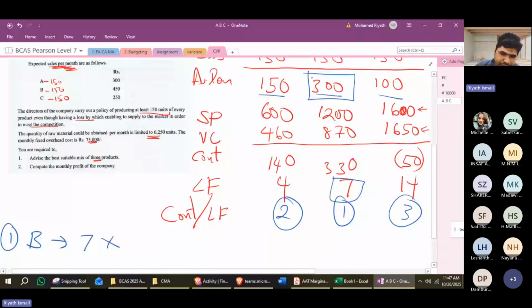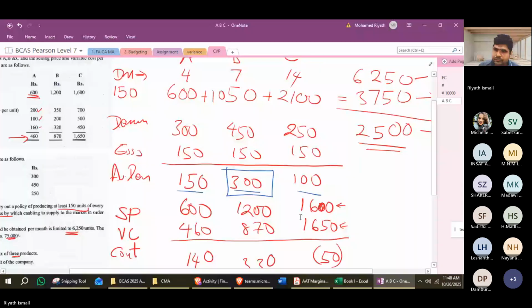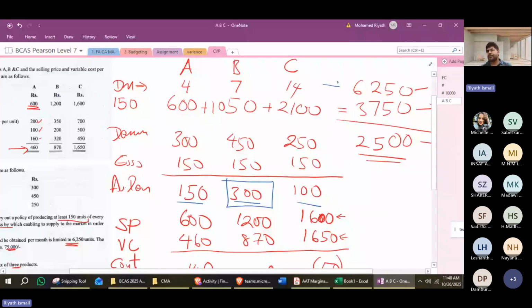So we allocate as much as possible of all available limited factor like material. So 2100 units of material, but available material we have 2500. Totally we have 6250. So these are the compulsory 150.